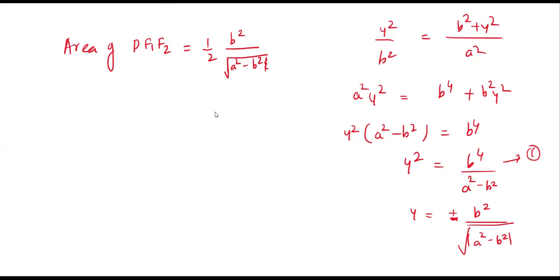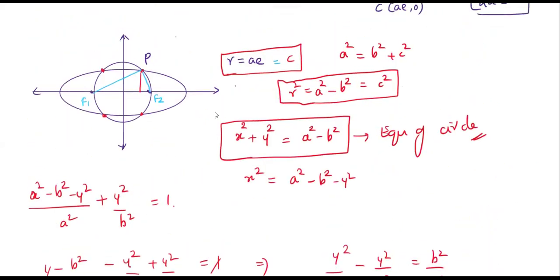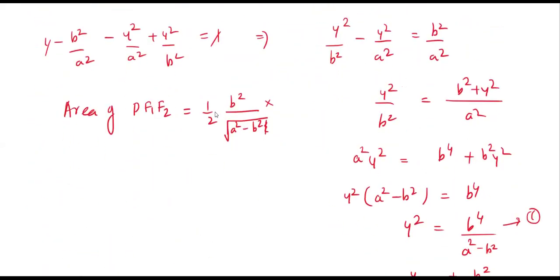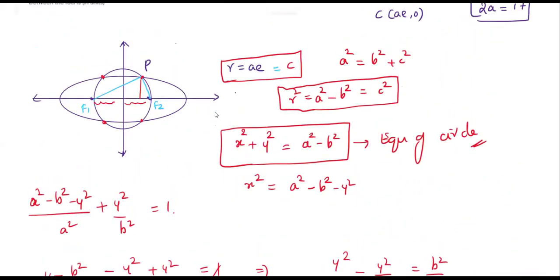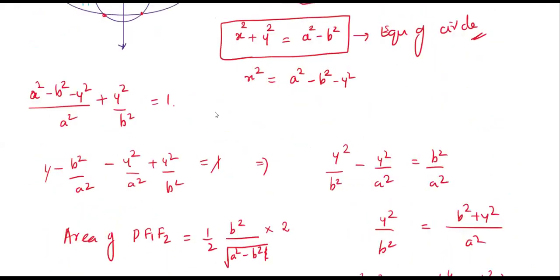So this is half into 2 times c. What is 2 times the focus? That is F1F2. This much distance is c, and this much distance is c. Both together will be 2 times c. So 2 into c, and c is the square root of a square minus b square.